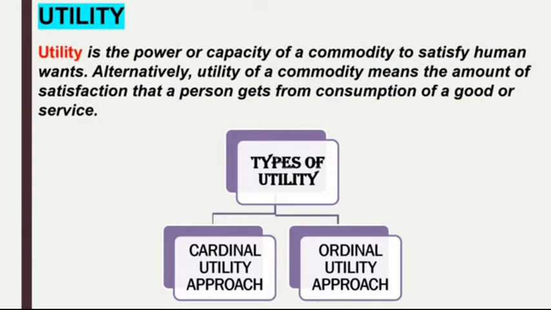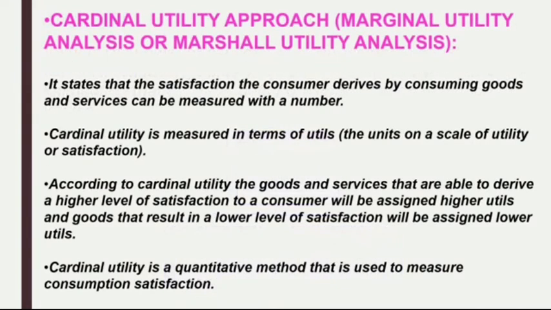So let's discuss the first type, that is the cardinal utility approach, marginal utility approach or Marshall utility analysis. It states that the satisfaction a consumer derives by consuming goods and services can be measured with a number. Cardinal utility is measured in terms of utils, the unit on a scale of utility or satisfaction.